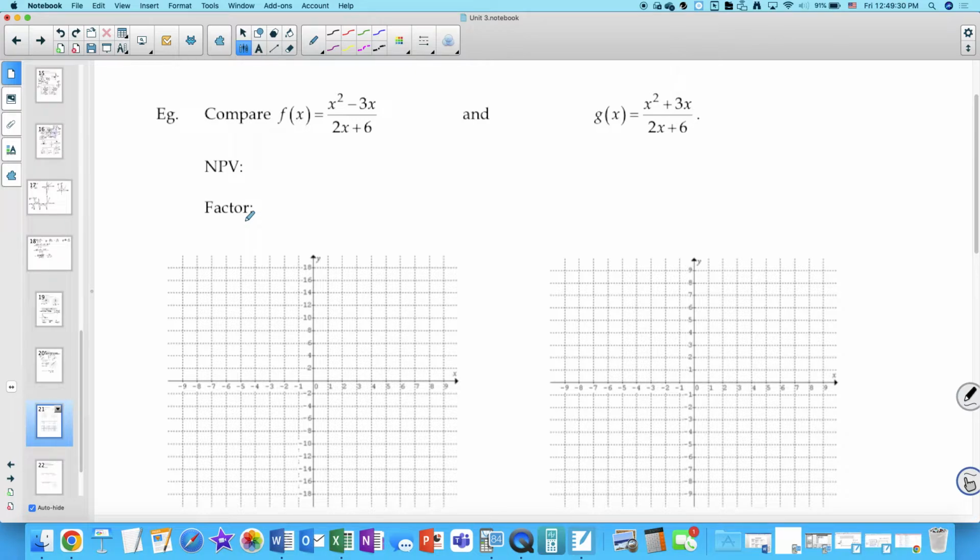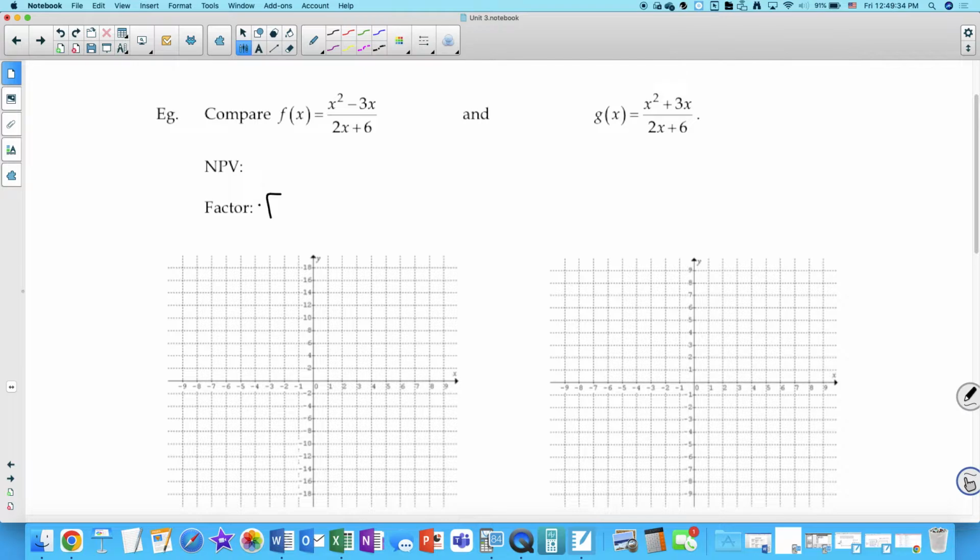Okay? So if I factor this function, in the numerator, I have a common factor of x. And in the denominator, I have a common factor of 2. Okay? What's the non-permissible here?